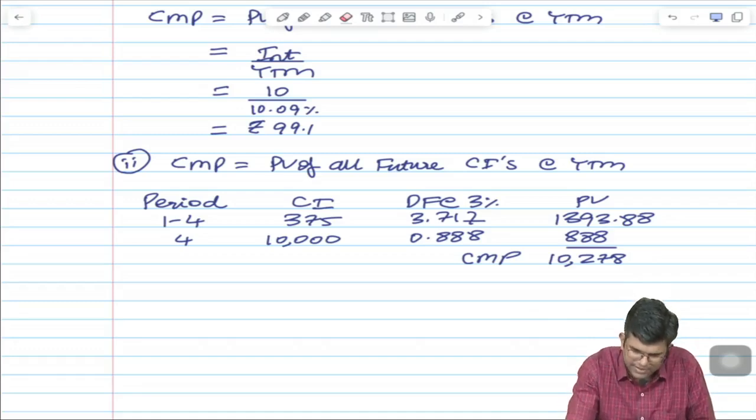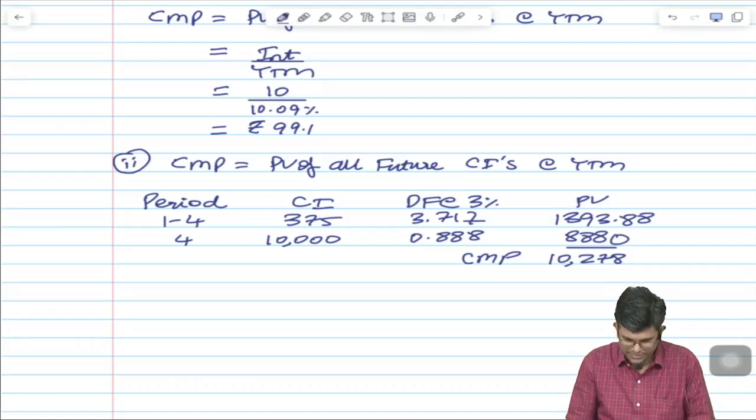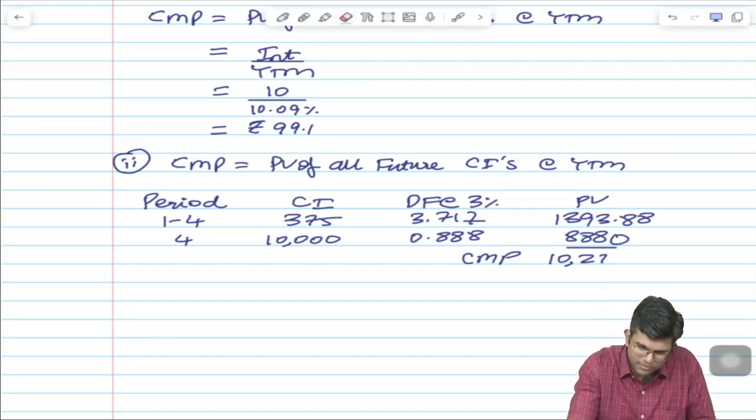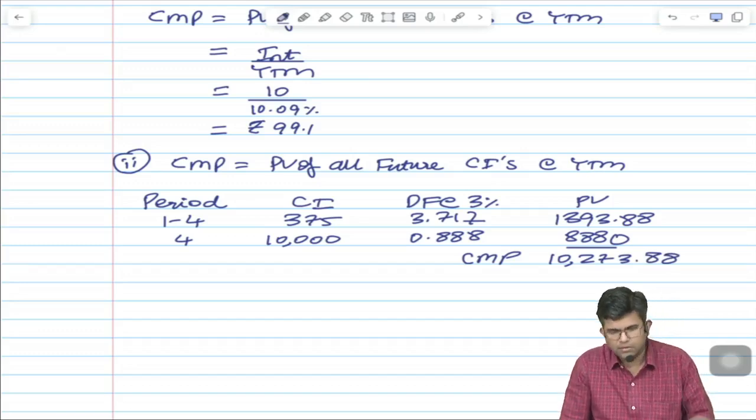Oh sorry, it is 8,880. I took one number less. Just check. 8,880. That's what I'm thinking. What happened? 1393.88 plus 8880, 10273.88. 10273.88 is the answer. All done.